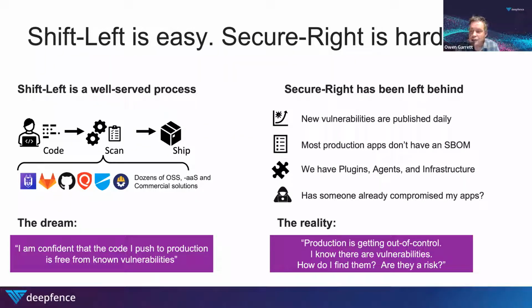A lot of production applications don't have a software bill of materials. Either the internal processes don't go that far, or indeed those applications could be third-party apps, plugins, agents, even bits of infrastructure. It's difficult without an accurate software bill of materials to understand what is present in the applications, the containers, and the workloads that you're running.